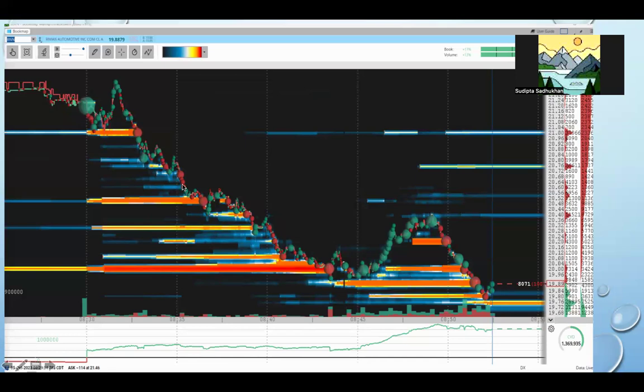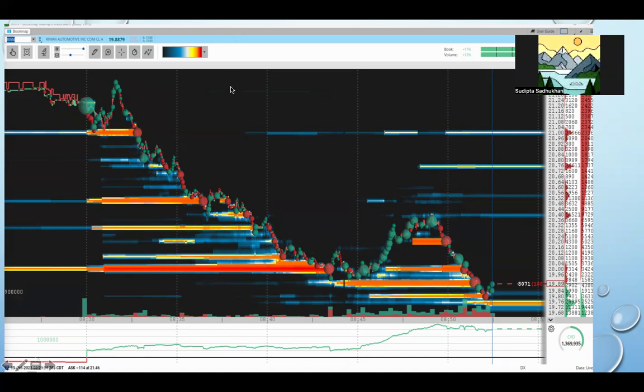Bookmap, in that way, is really helpful to see where the large market participants exist. Accordingly, we can plan our trade. If we see large ask on the upside, there is a possibility that it might go up, consume the ask, or if there are any higher asks, it might go there as well.